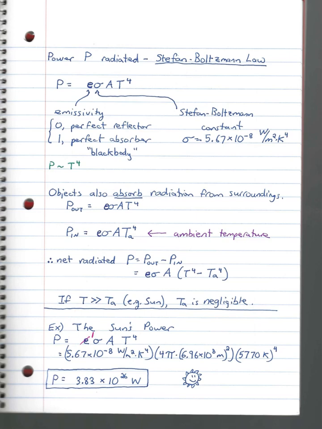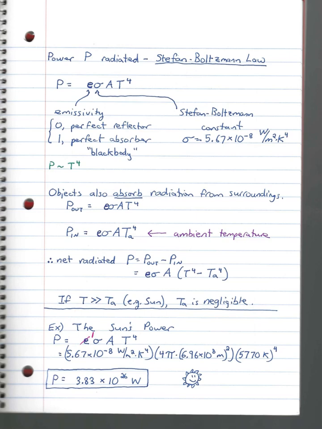Then there's the area, the surface area of the material through which heat is radiating, and then temperature to the fourth power. So power is heavily dependent on temperature because of that T to the fourth relationship.